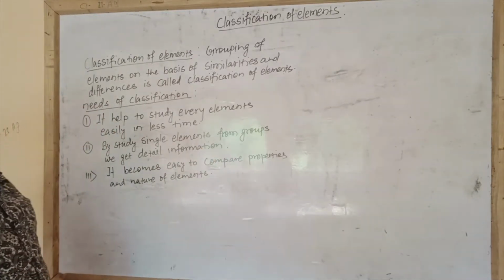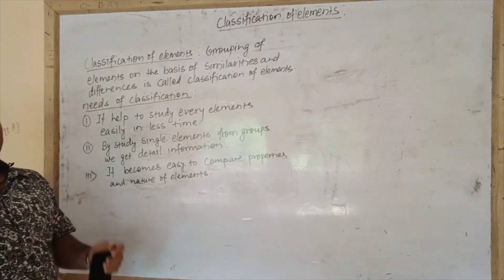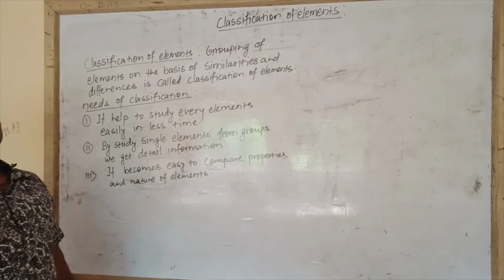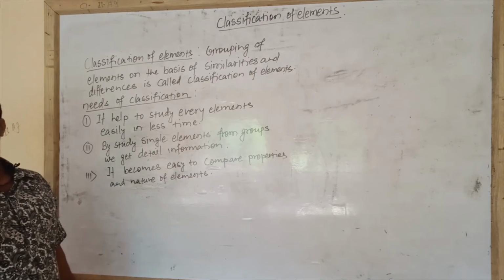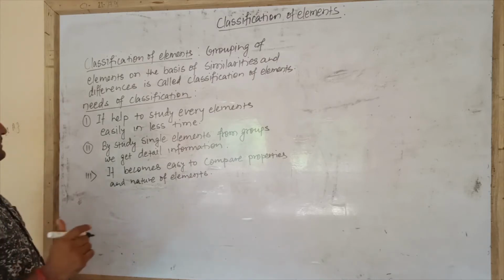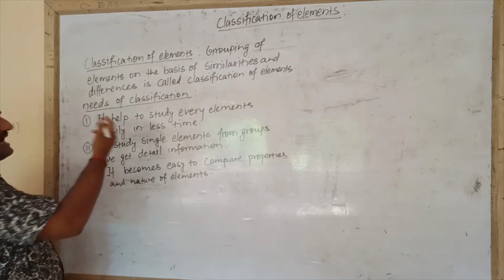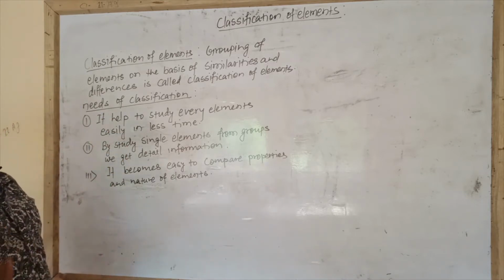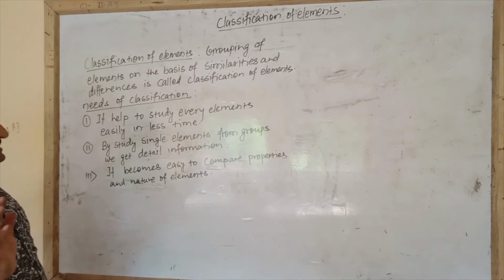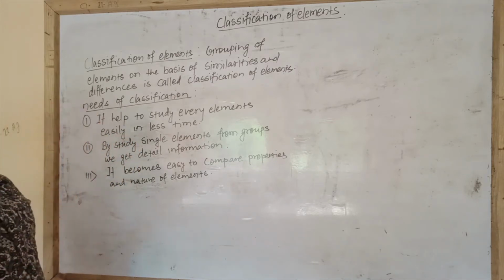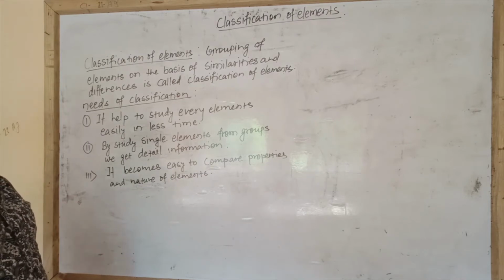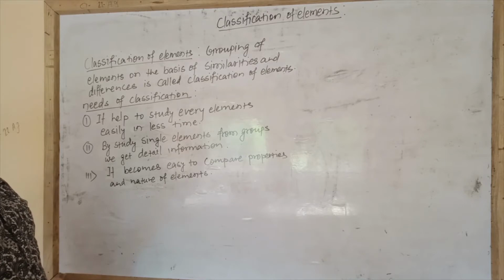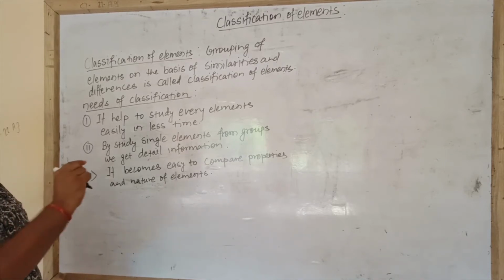Classification is convenient for study, and due to that reason it becomes necessary to classify elements. After that, elements are arranged in tabular form, and that table has groups and periods.